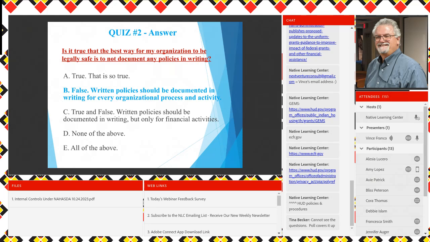In other words, the policy would say, on a case-by-case basis, the Native Learning Center will deviate from its normal procurement process to use a sole source process.